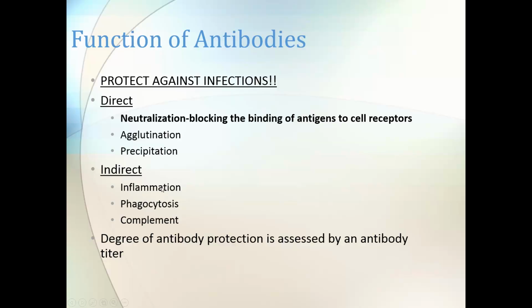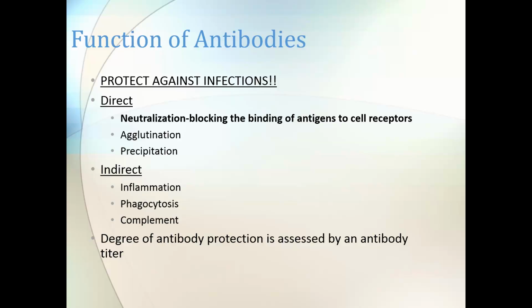Now, there are other ways that antibodies can indirectly affect the immune response, and that's through the relationship with that second line of defense. Antibodies do work in communication with that second line of defense in the inflammation process, in phagocytosis, and in the complement plasma protein system that we talked about. And again, we talked about how well antibodies protect us from whatever particular antigen this is.